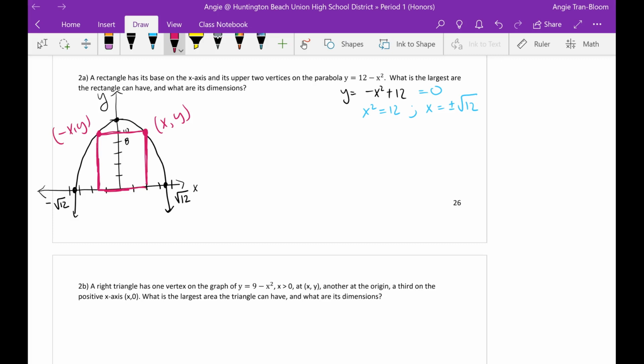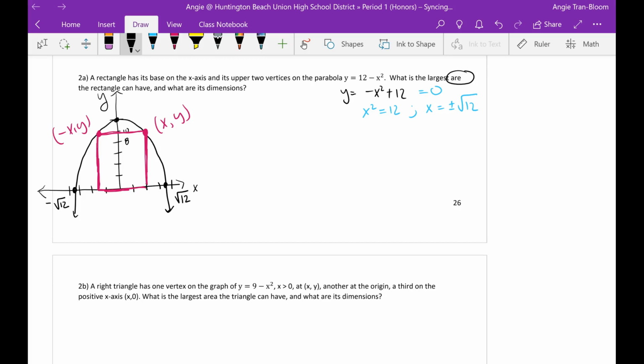But the question is asking, what is the largest area? Okay, it's misspelled, so please correct this to make it area.